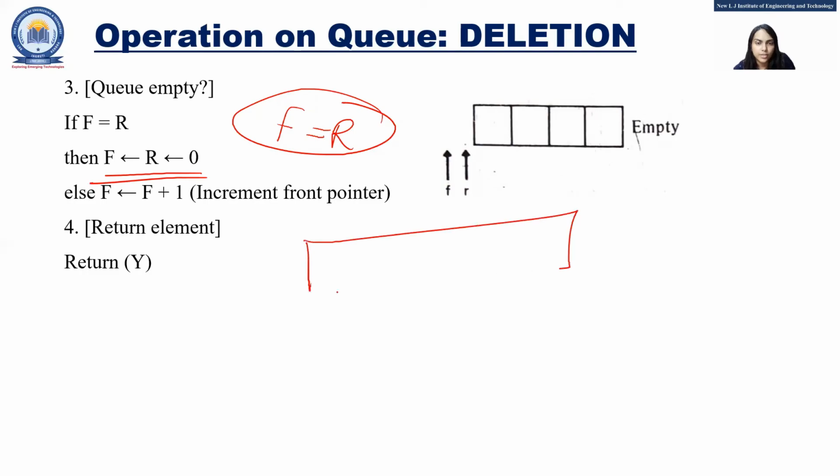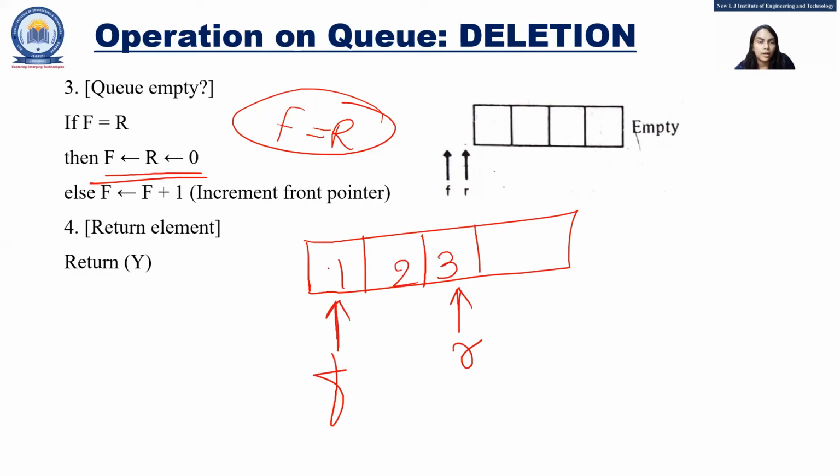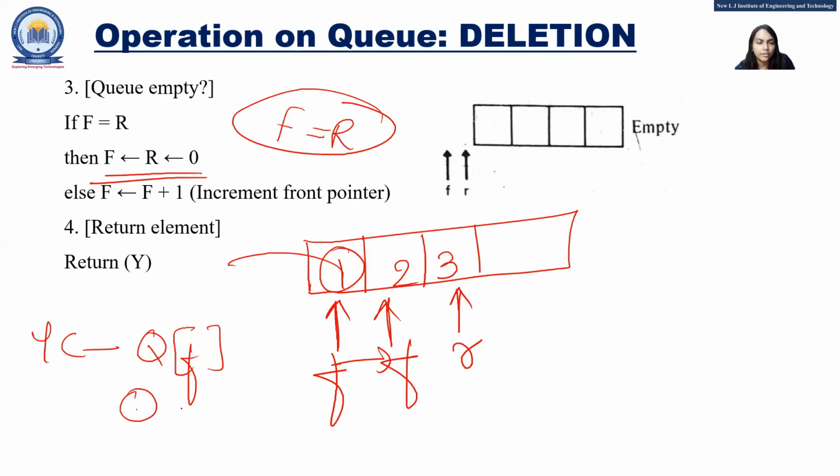See students, if this is the situation, this is the rear pointer, 1, 2, and 3, this is the front pointer. Now we are deleting this. So Q of F will go to Y, right? So we are removing this, incrementing the front counter. Front is here. Again, Q of F, we will return this element that will go to Y. Again, front is over here. Now this is 3, so we are deleting it.